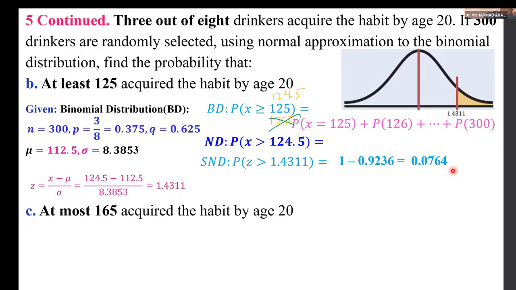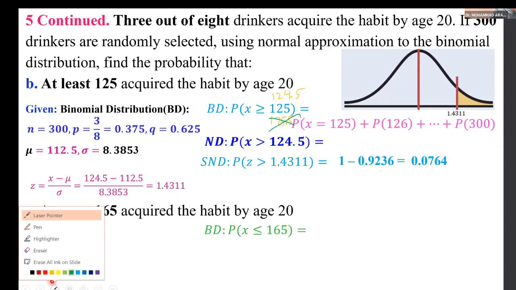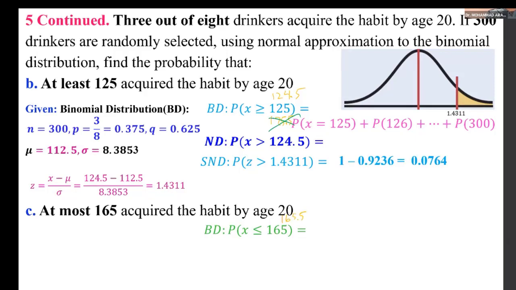At most, 165 acquire the habit by age 20, which means we want the probability of x less than or equal to 165. And let's do the same thing. So we can either use 165.5 or 164.5, one of the two.